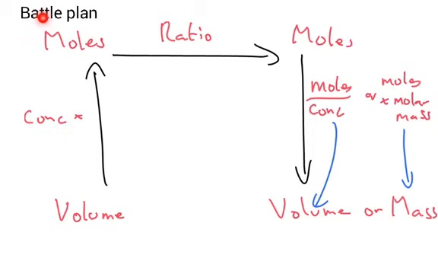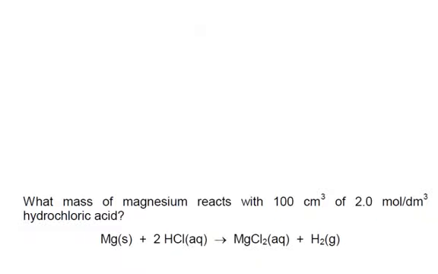We're then, once we've found the number of moles, going to look at the ratio in our chemical equation to work out how many moles we've got over here. Then either, if we're asked to find a volume, we'll do the moles divided by the concentration, or if we're asked to find a mass, we'll do moles times the molar mass and we'll find out the value of our mass.